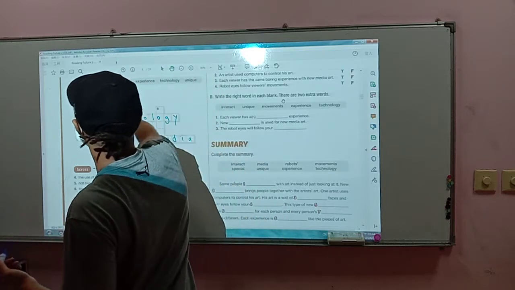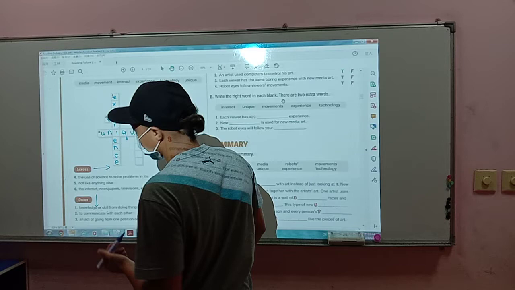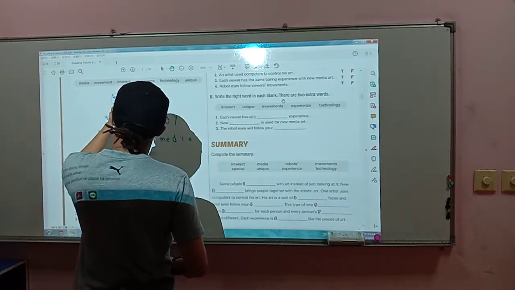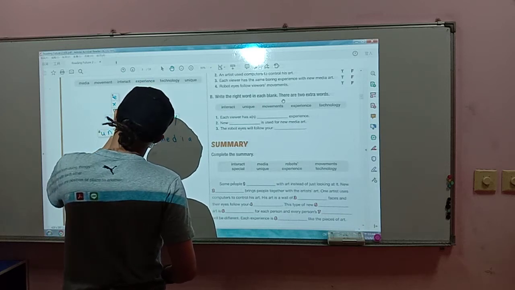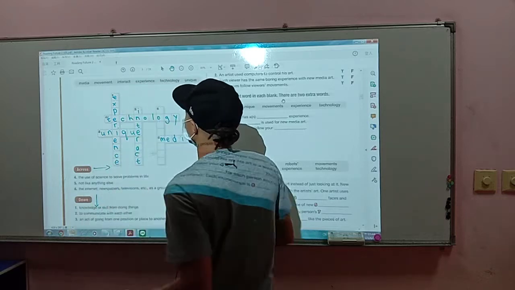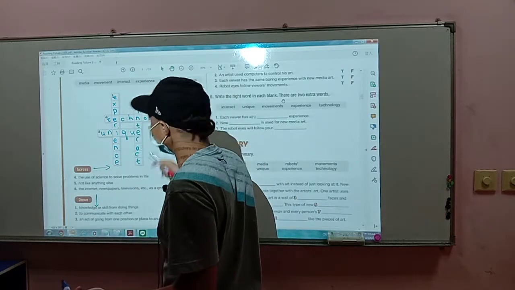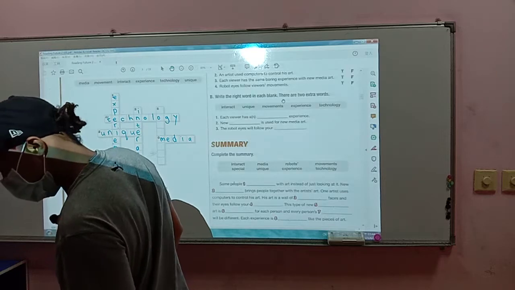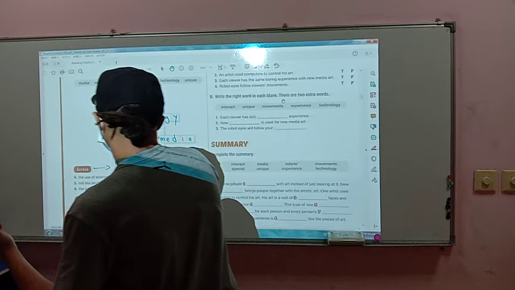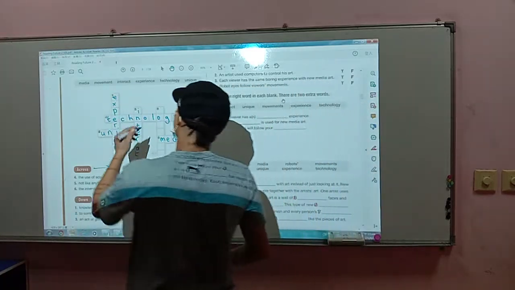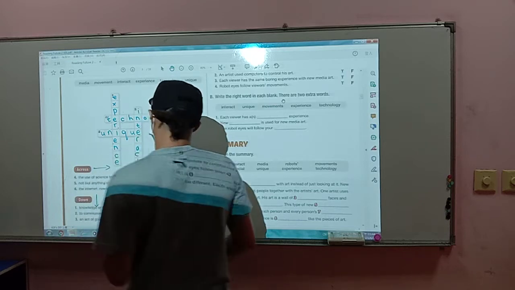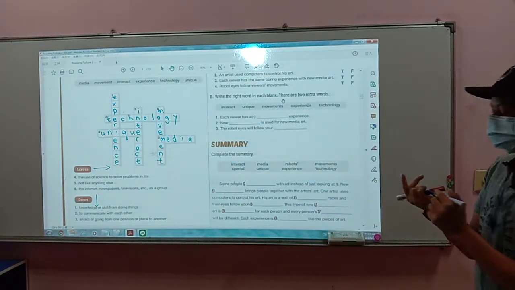That would be to interact. And the last one over there is number 3, an act of going from one position or place to another, to move, right? So it's called movement. Okay, so that's the first page over there, boys and girls.